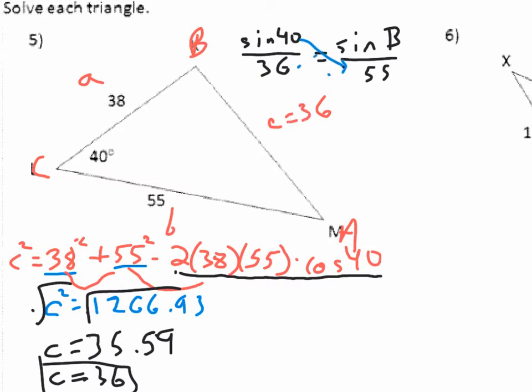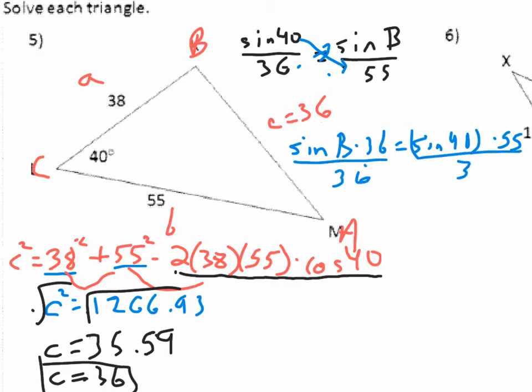When we cross multiply, we'll get sine B times 36 equals sine of 40 times 55. We want to get sine B alone, so we'll divide by 36. And then ultimately, now we have sine of B.